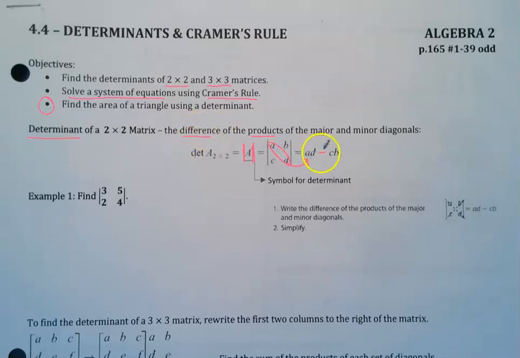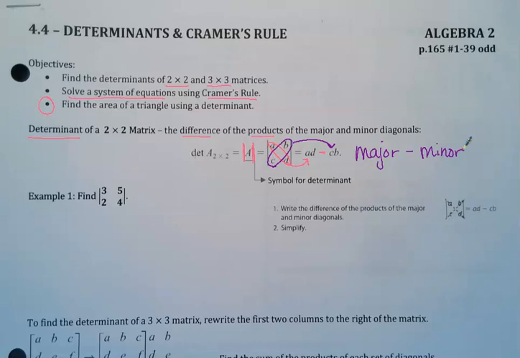And we're going to subtract the product of the minor diagonal, so right here is C times B. So I find the products of the diagonals and I subtract them, the major minus the minor. Even if you want to write that out, we take the major diagonal product and subtract the minor diagonal product from it.